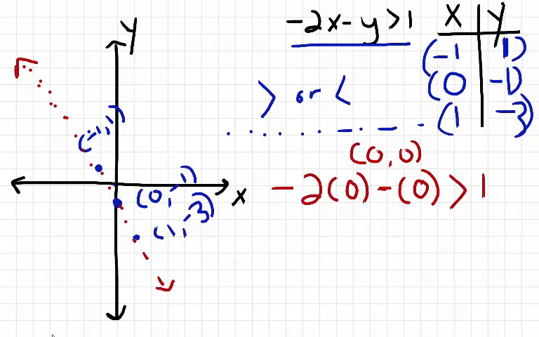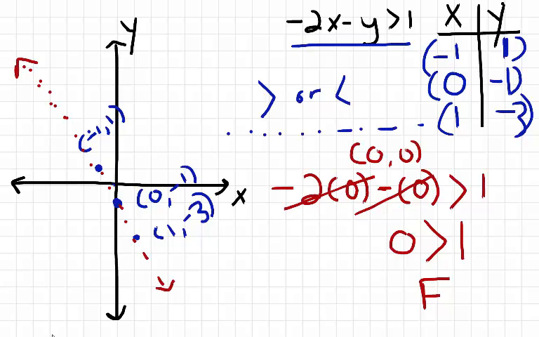Anyway, I plug in a 0 for x and a 0 for y. That gives me 0 is greater than 1. Now we decide whether that's a true or false statement. Well, 0 is not greater than 1, so that's false. What that means is I need to shade the side of the line opposite to the coordinate pair I picked for my test point.